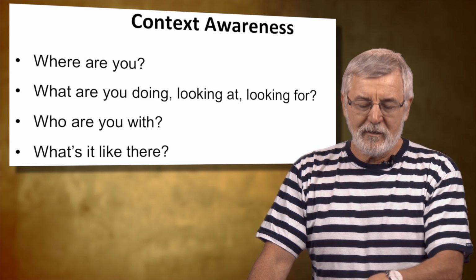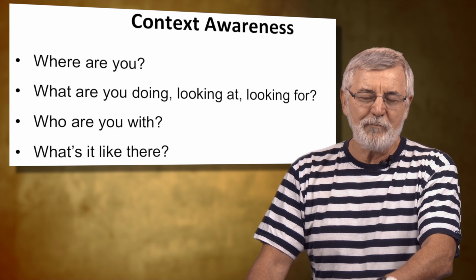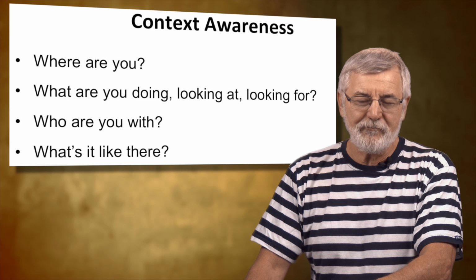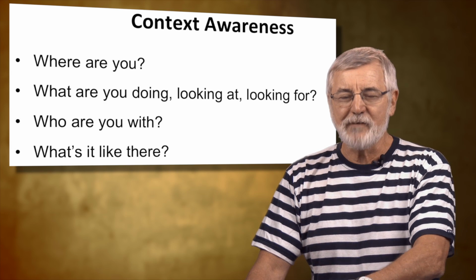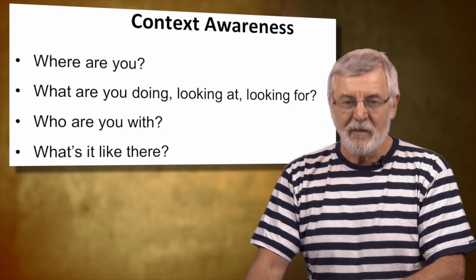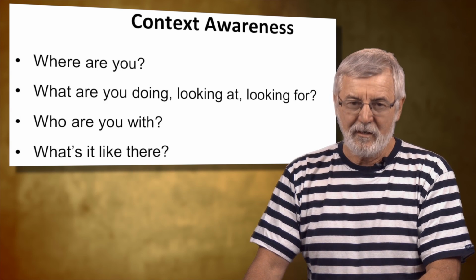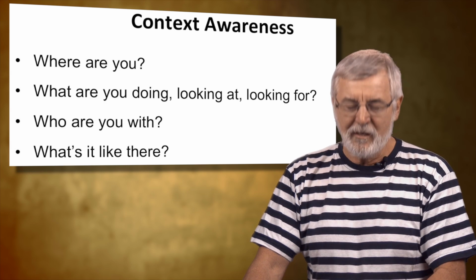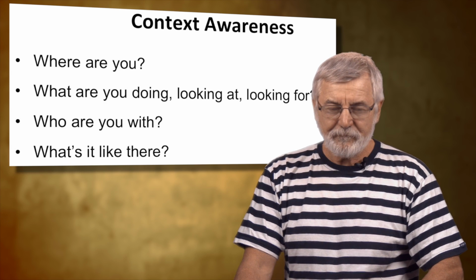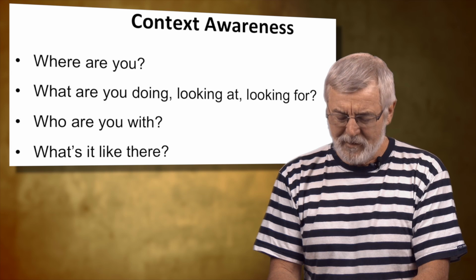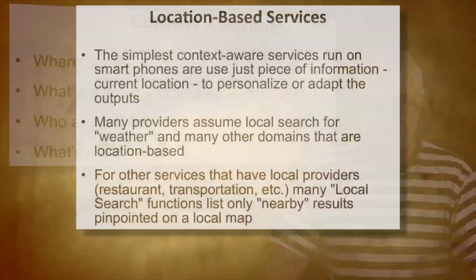It could be who you're with. You could imagine using, if each cell phone can identify itself, you can identify the people in an environment by identifying their cell phones. You can identify the temperature, the wind, whether it's daylight or not, those kind of things. What is it like there? These might be some of the aspects that would tell us what context is.